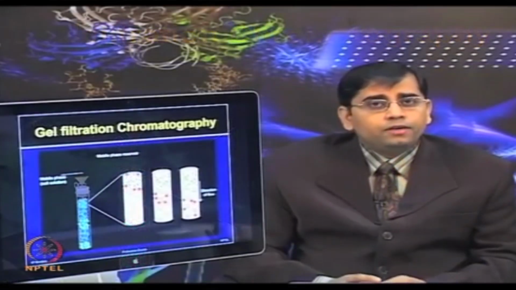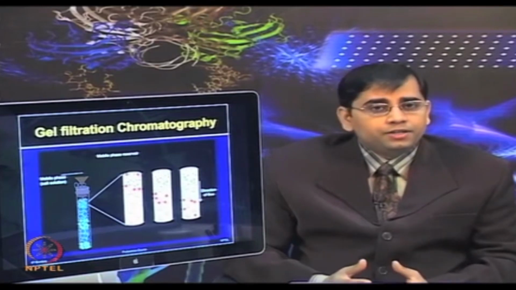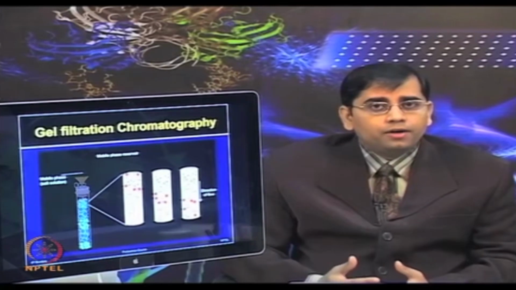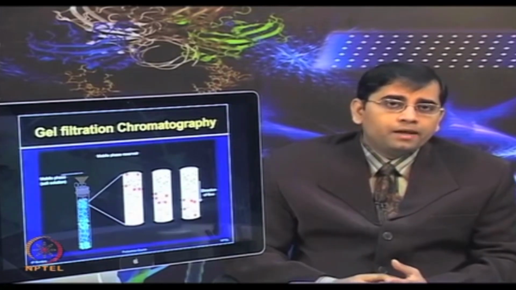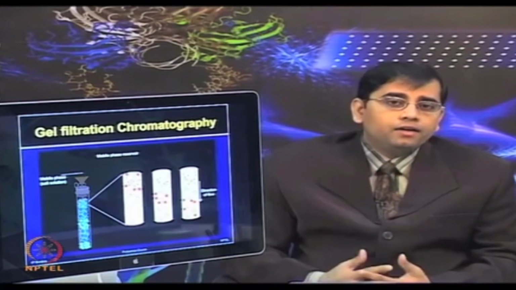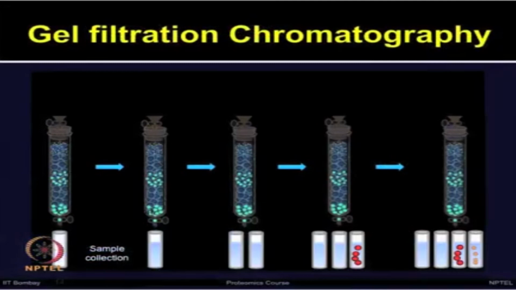Beads of different pore sizes, or increased retention time by adjusting the increased column length or decreasing the flow rate, can be used to achieve higher resolution of proteins. After these steps, the fractions are collected and analyzed for the protein content.